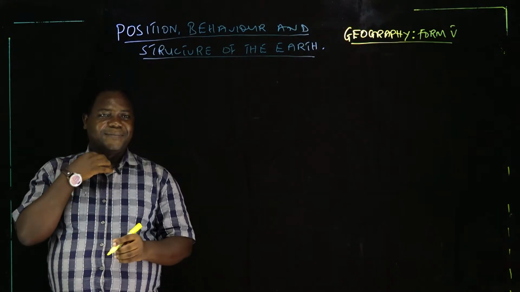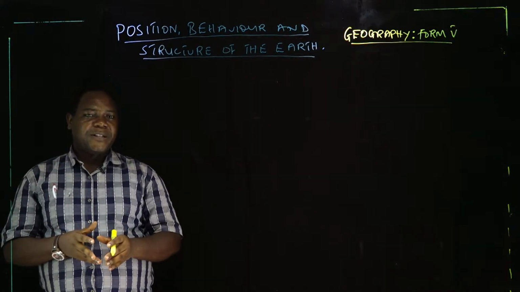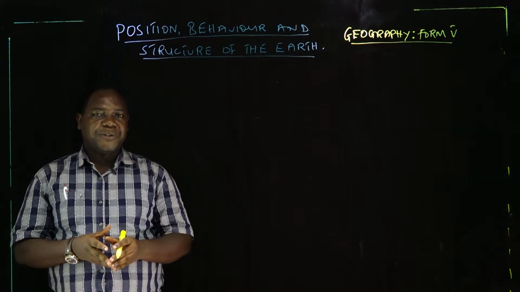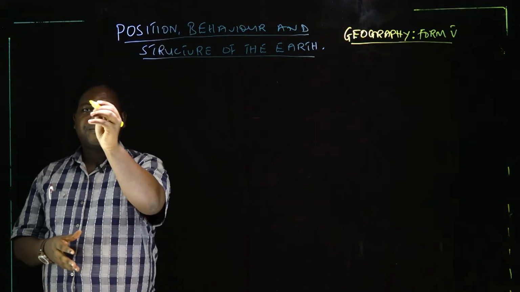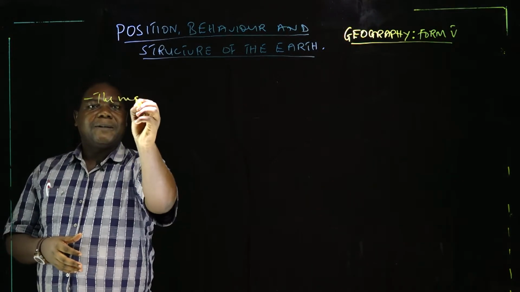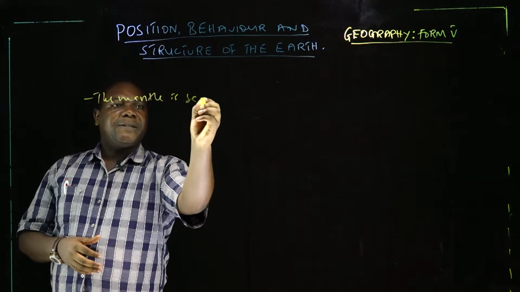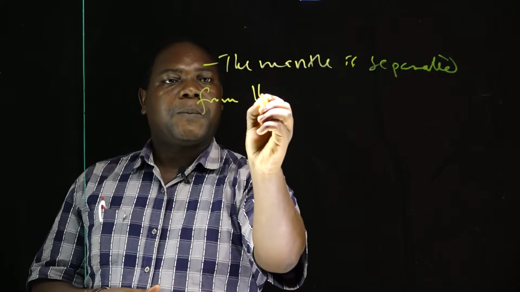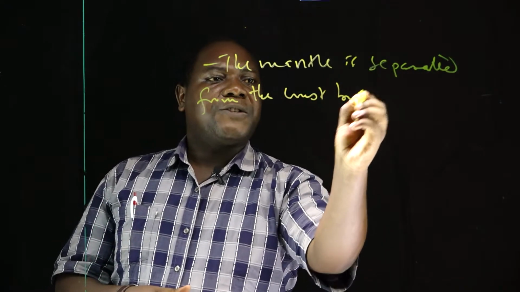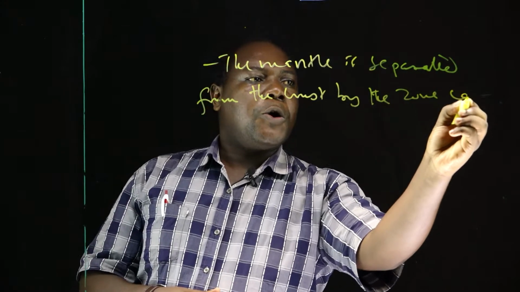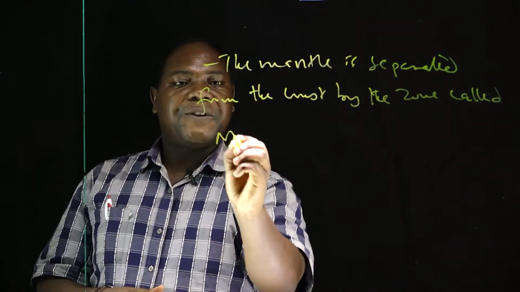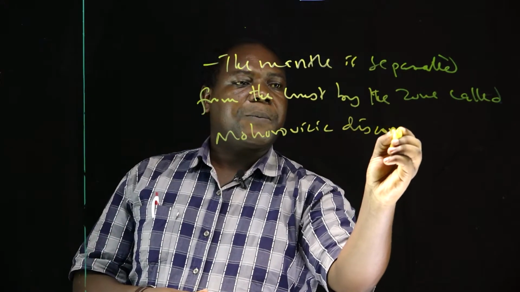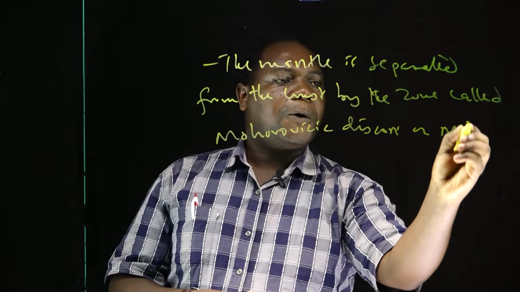Dear student, the mantle is separated from the earth's crust by the zone of demarcation called the Mohorovicic discontinuity, or simply Moho.